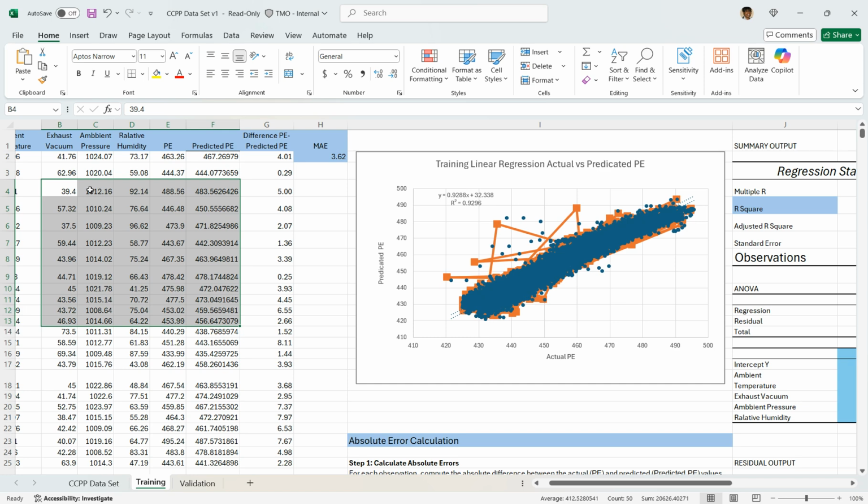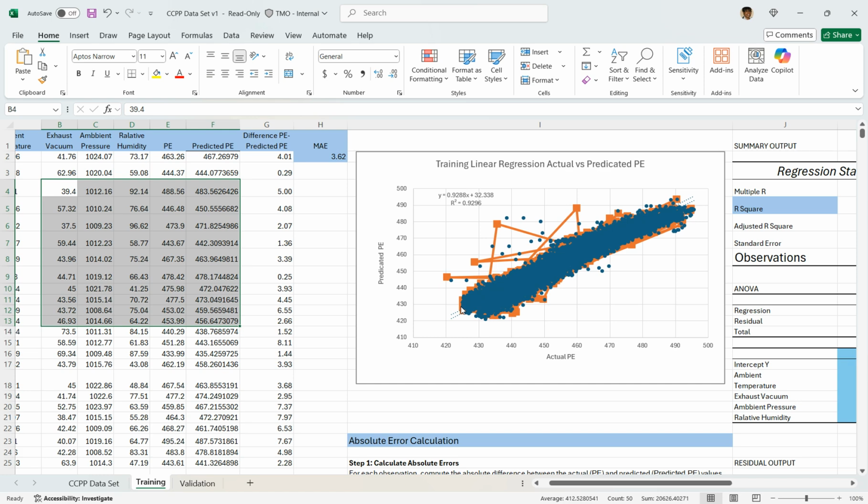The metrics that we will review today are the mean absolute error, MAE, which measures the average magnitude of the errors between the predicted and the actuals. And if you notice in my graph here, I've plotted the predicted PEs along with the given PEs, and you will see that they are close and crunched together, meaning that most of the data features which have been provided are right on point.